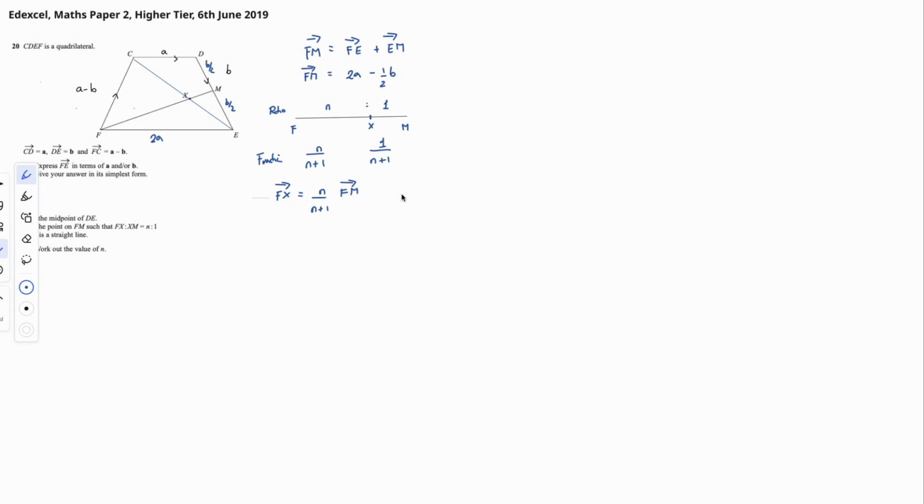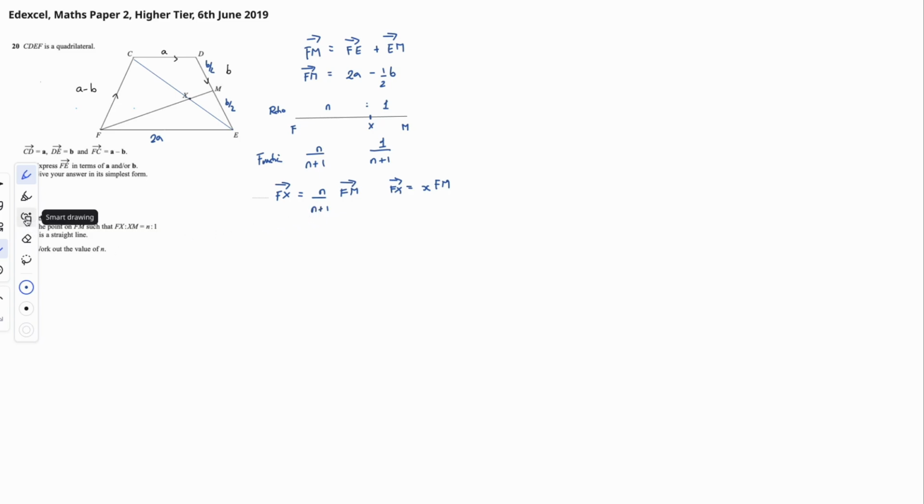We could also, just to simplify things, say FX is equal to some multiple or some fraction. I'm going to use a small x to denote that multiple or fraction multiplied by FM, when you can think of small x as actually equal to n over n plus 1.